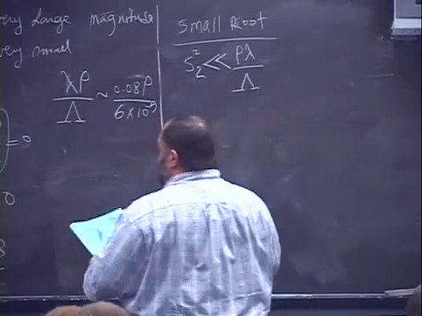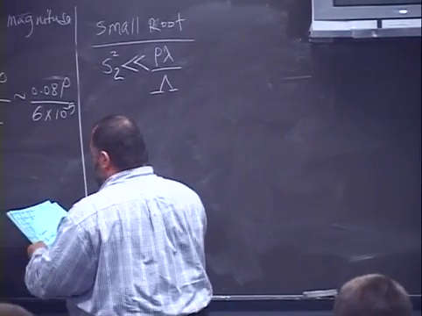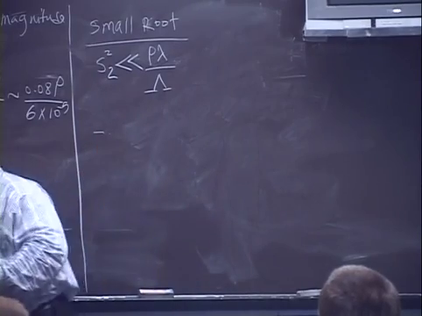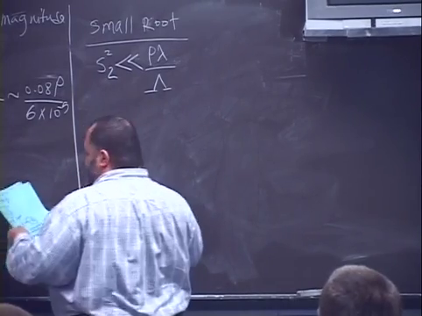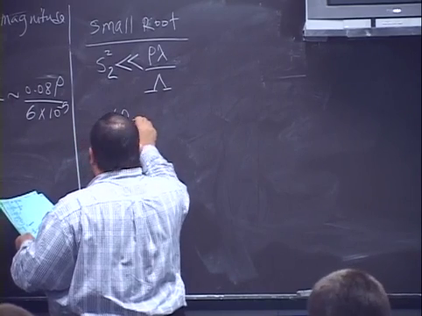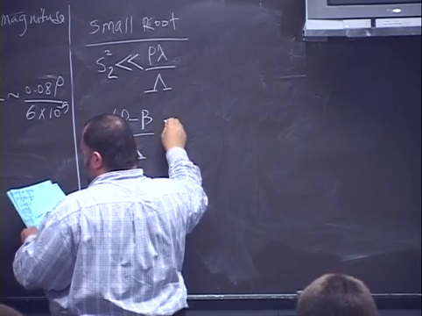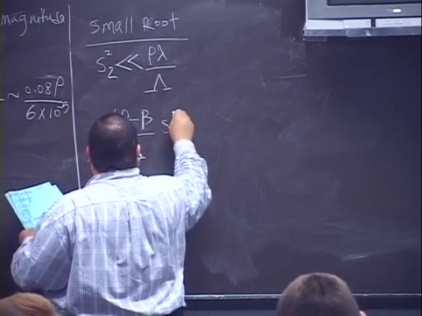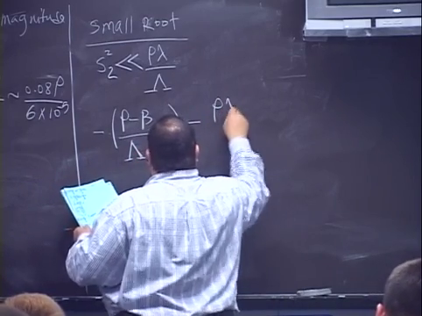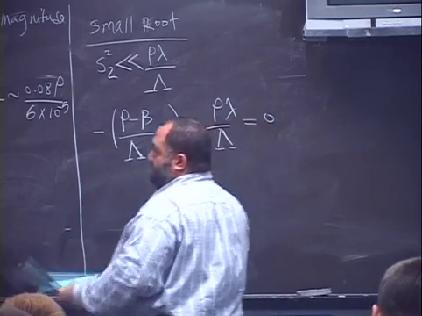And this will give me what? Minus rho minus beta over gamma multiplied by S minus rho lambda divided by gamma equal to 0.